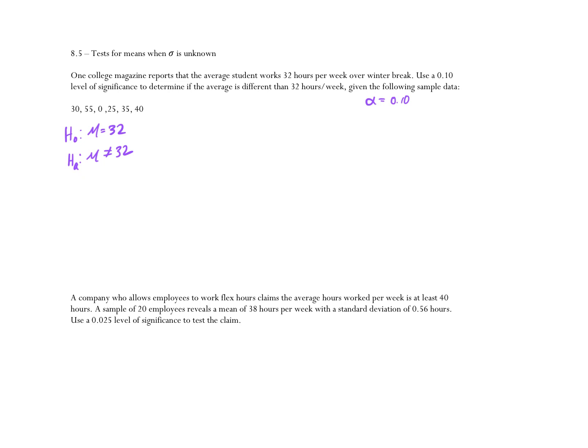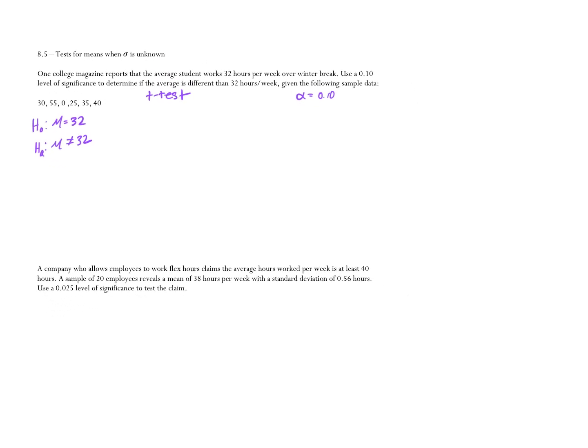So, do we have the population standard deviation? No, so this tells me t-test. Great. All right, so then what do you think we need to do next? Put in the numbers.